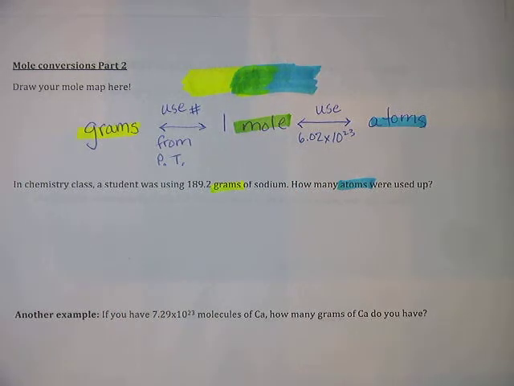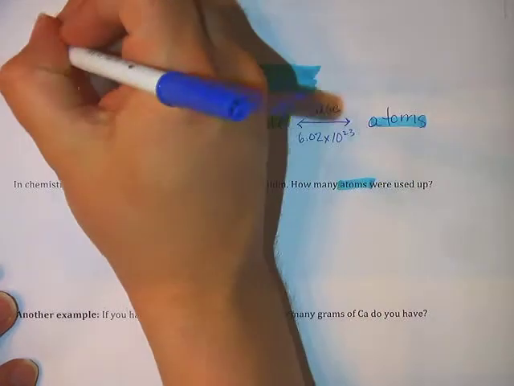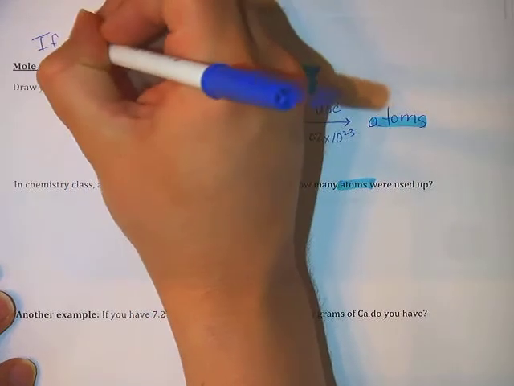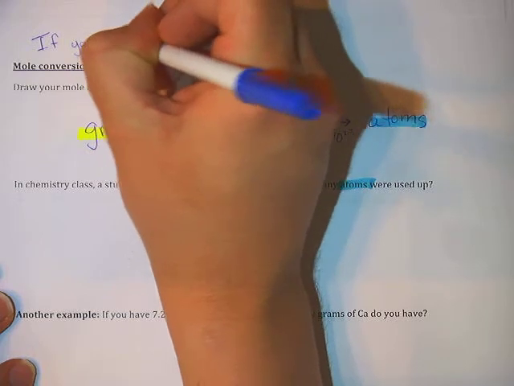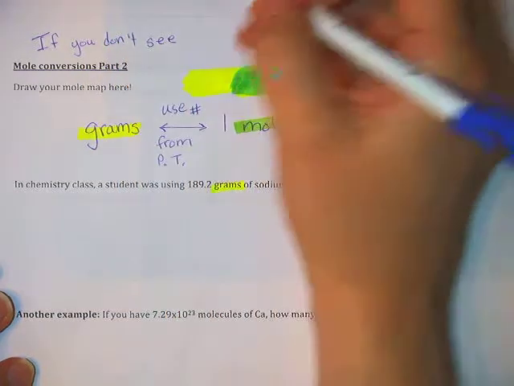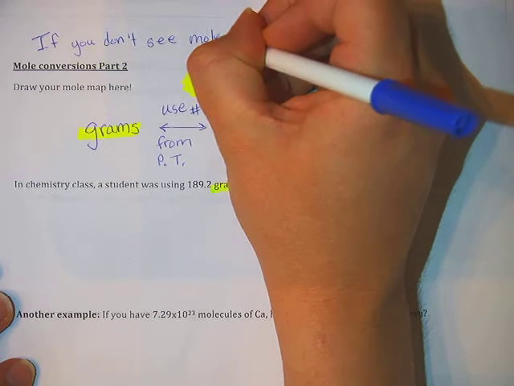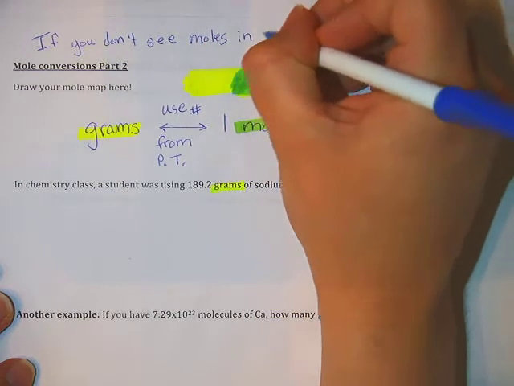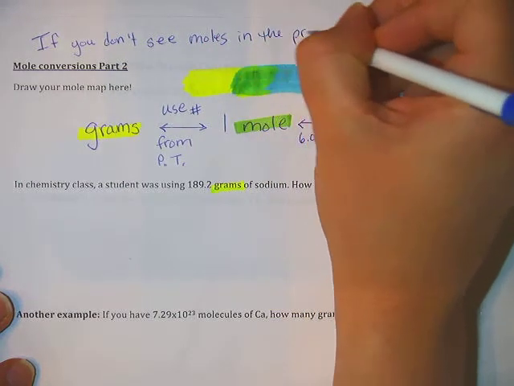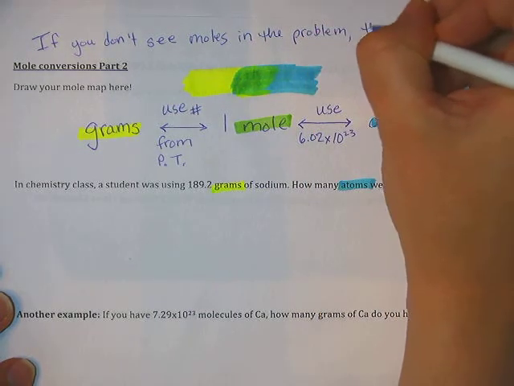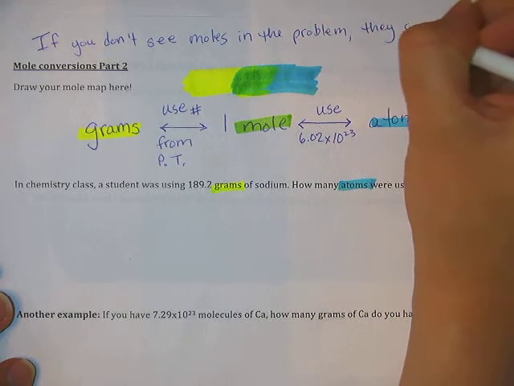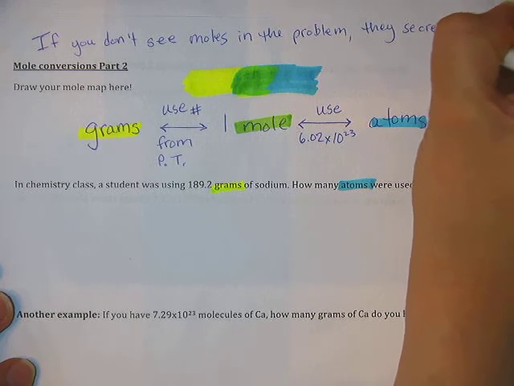And that means if you don't see moles in the problem, I would write this down. If you don't see moles in the problem, they secretly go in the middle.